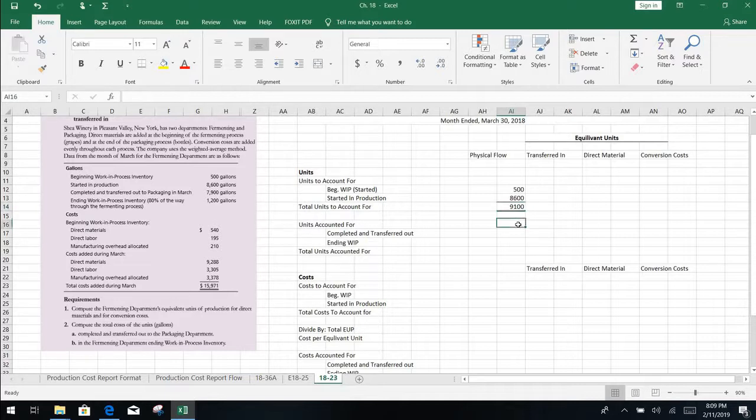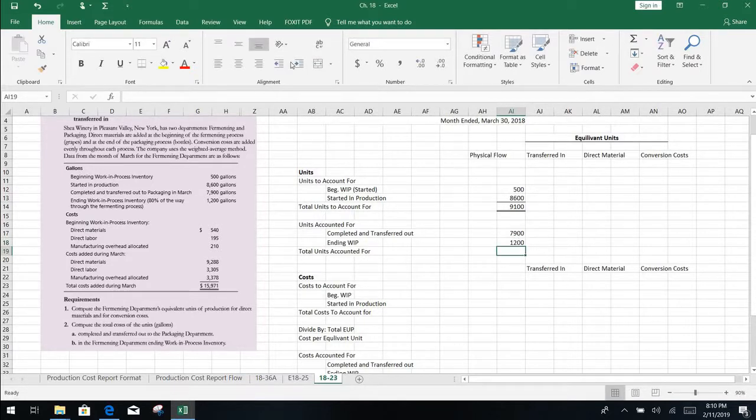Okay, now units accounted for, starting a new section, completed and transferred out. That's 7,900. So let's put that. And ending work in process. Let's check and see. Ending work in process 1,200. Okay.